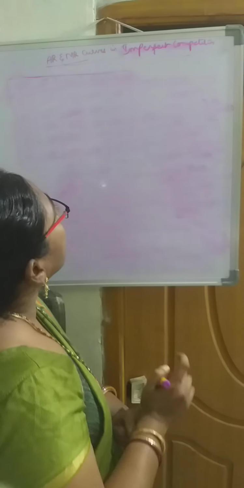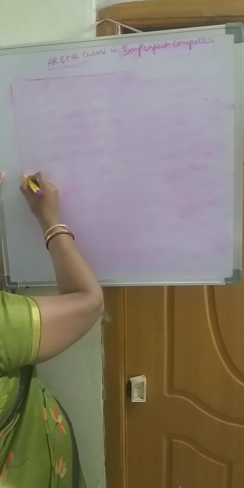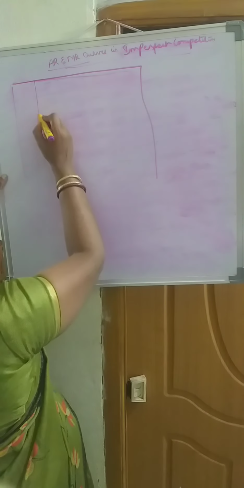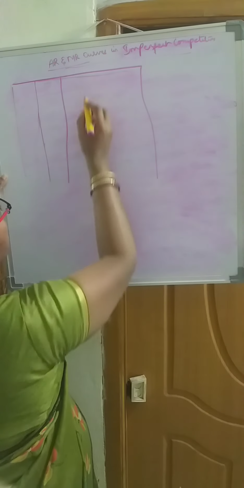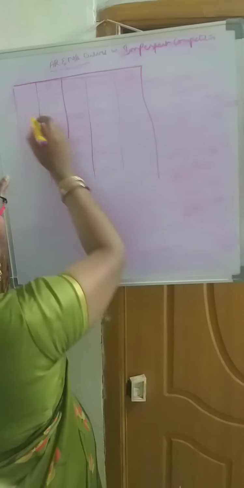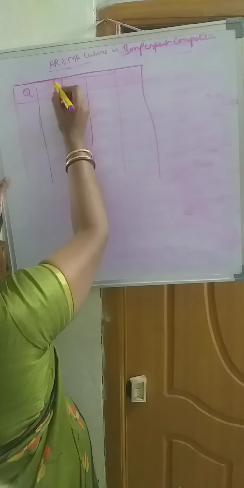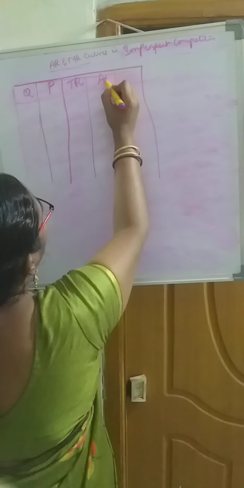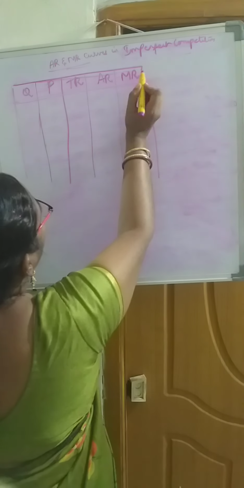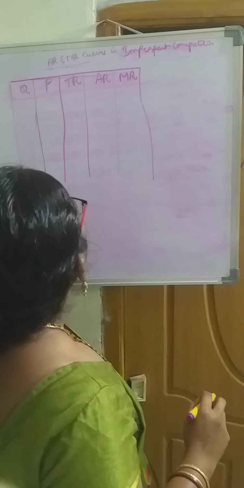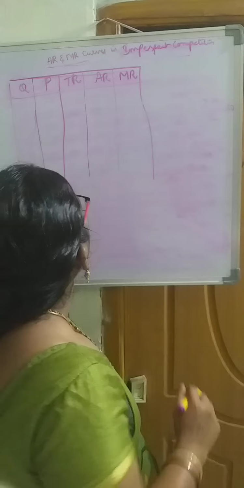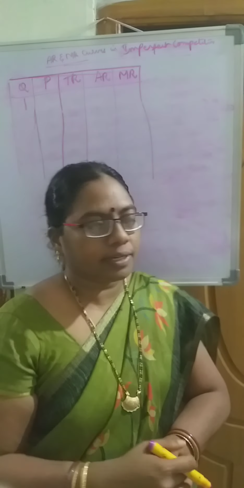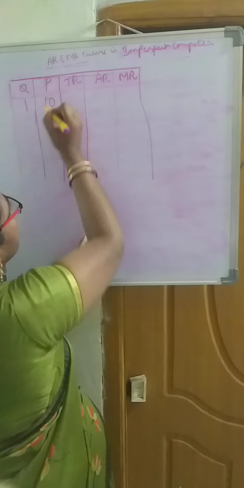Now coming to AR and MR curves in imperfect competition. The same diagram where you have quantity, price, TR, AR and MR. Now, say the firm in imperfect competition is selling one product at a price of 10 rupees.